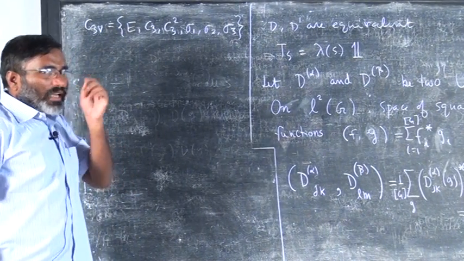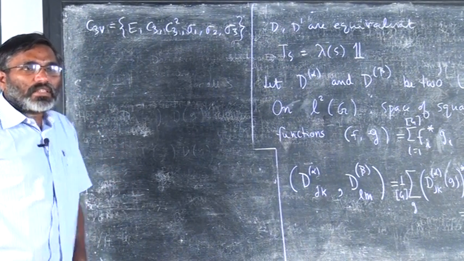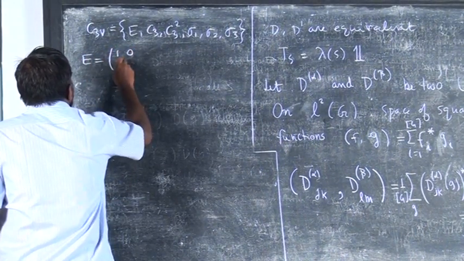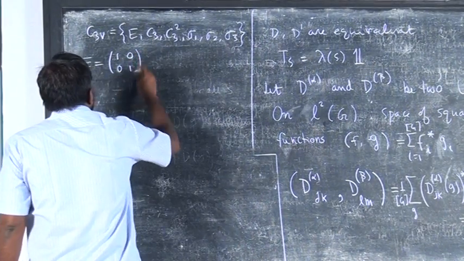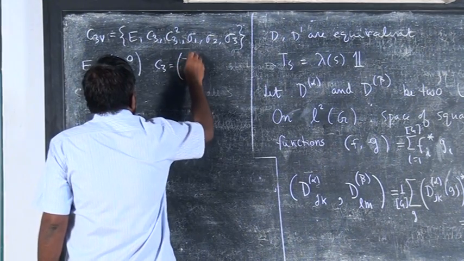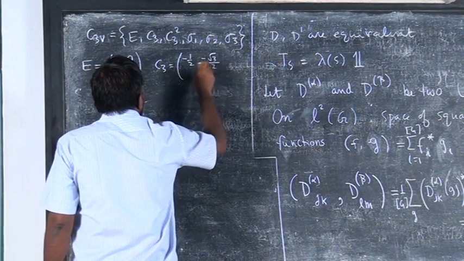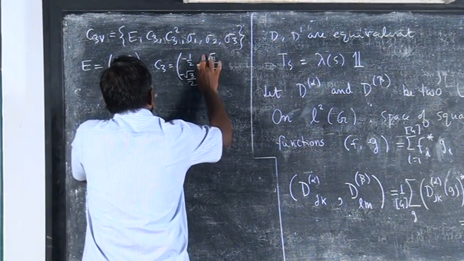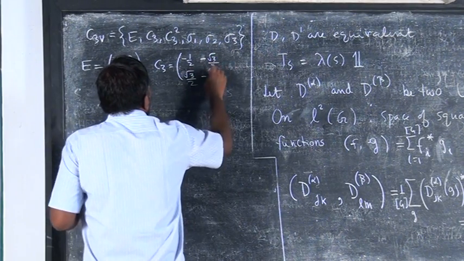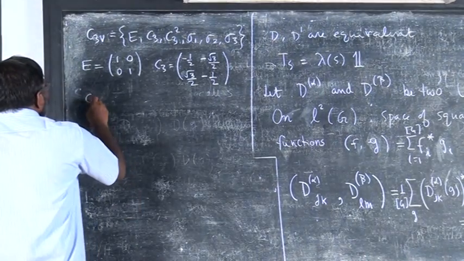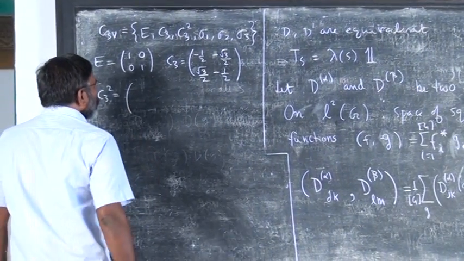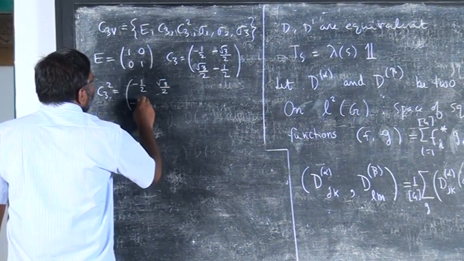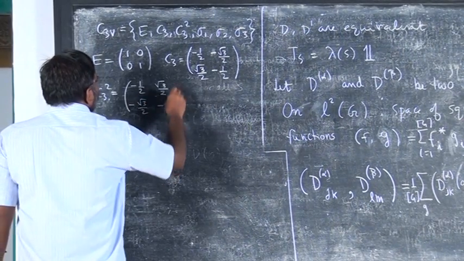We have written down, yesterday, a two-dimensional representation: E is 1 0 0 1, C3 is minus half, minus root 3 by 2, root 3 by 2, minus half, and C3 squared is minus half, root 3 by 2, minus root 3 by 2, minus half.